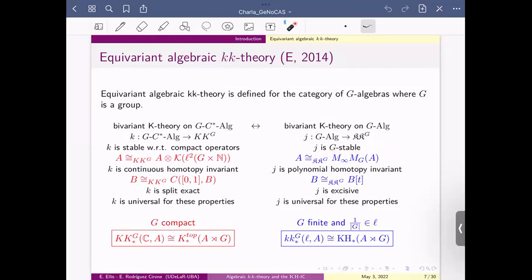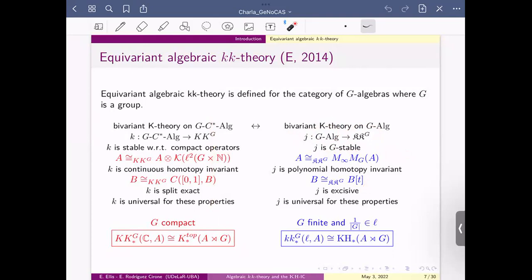It is polynomial homotopy invariant, satisfies excision, and also is universal for these properties. In this column we have the corresponding properties in Kasparov KK theory.